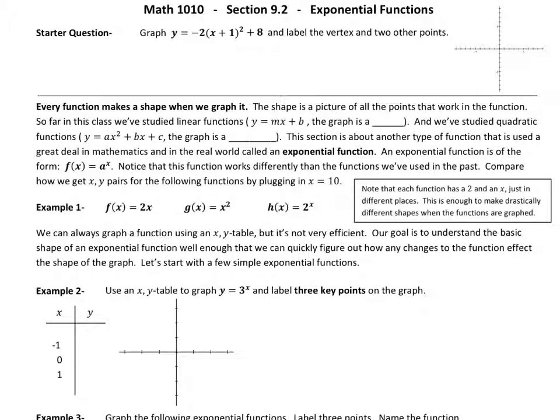Okay, at any rate. All right, so as we've said several times in here, every function makes a shape when we graph it. The shape is a picture of all the points that work in the function. So far, we've studied y equals mx plus b, the slope-intercept form of a line.